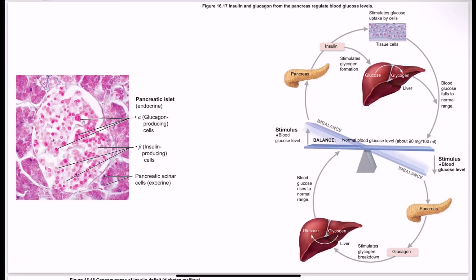So the pancreas is this yellow thing. It's this organ that sits behind the stomach, and it's actually a mixed gland. So the pancreas has both exocrine and endocrine functions.